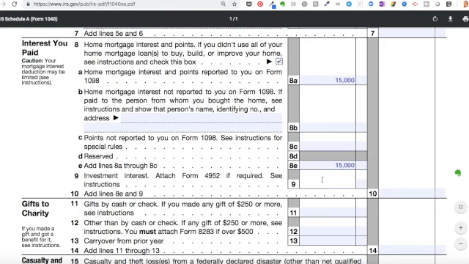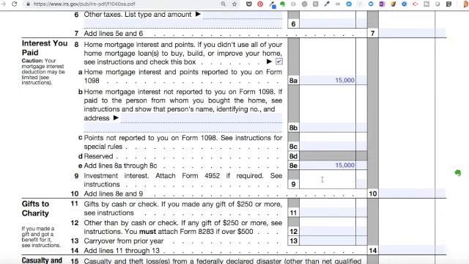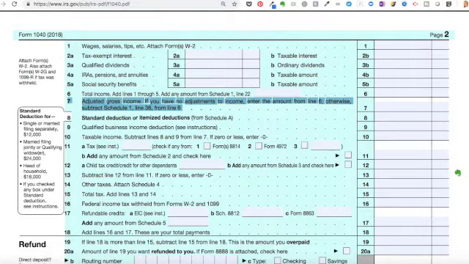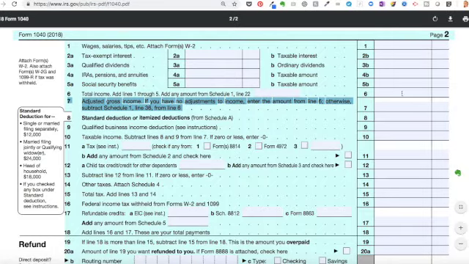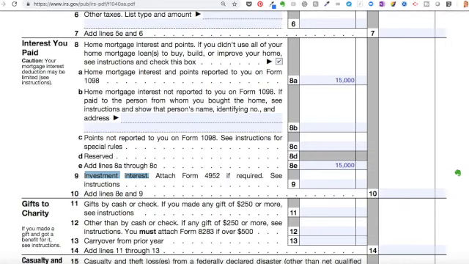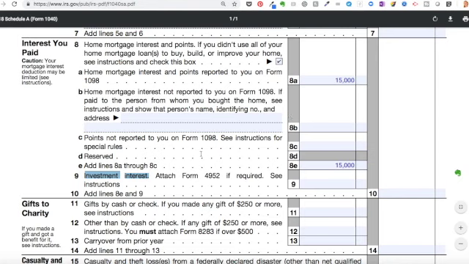And the last type of interest that we can deduct is investment interest that you paid for an investment, not for business, for an investment purpose. If you have investment interest, essentially it's limited to the amount of investment income that you report on your Form 1040. You can only deduct up to that amount.